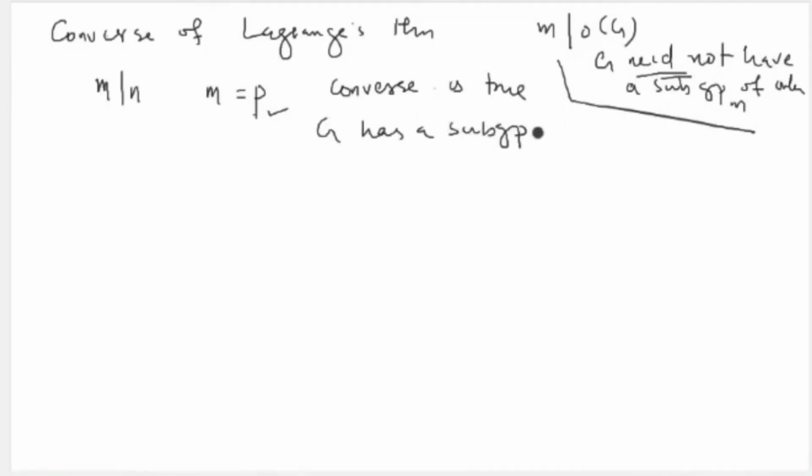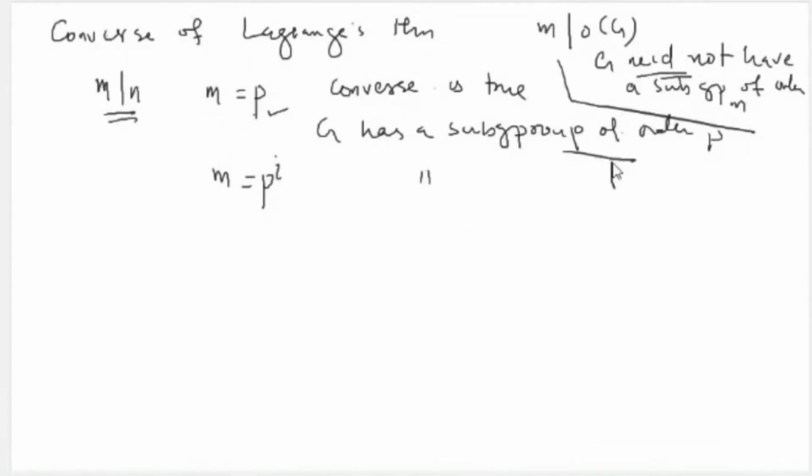If p is a prime, and not only for primes, prime powers also. If m divides n and m is a power of p, then G also has a subgroup of that order.